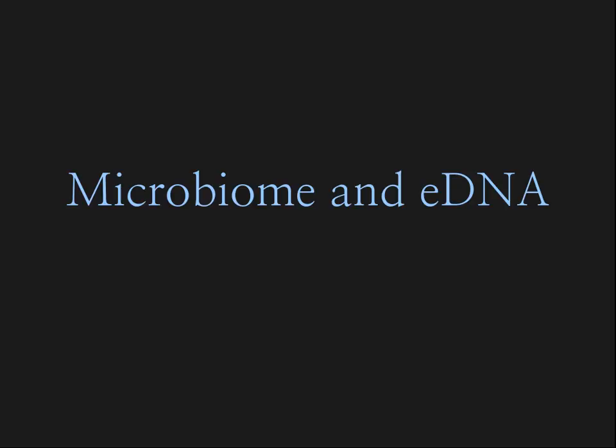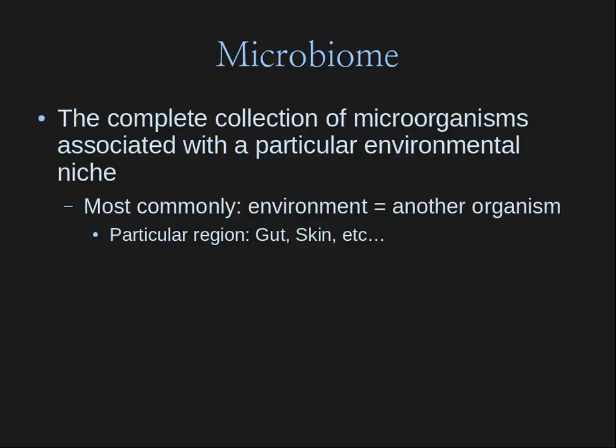I'm moving in. I want to talk a little bit more about a couple different things that are similar to what we've been talking about. And this is microbiome data and environmental DNA data. Just in case you've somehow gotten to this point in your biology career and never heard of what a microbiome is, which I hope is not the case, it is the complete collection of microorganisms that is associated with some particular environmental niche.